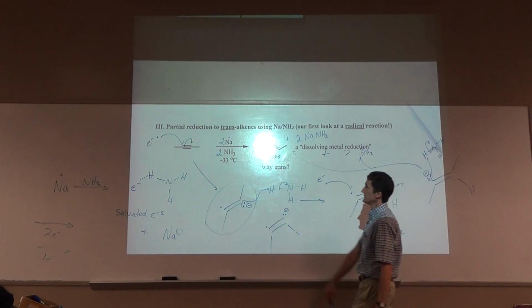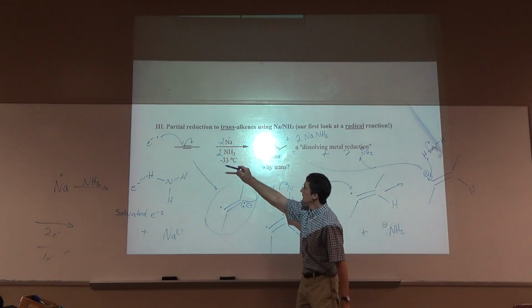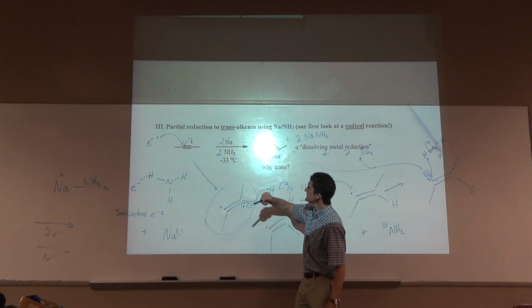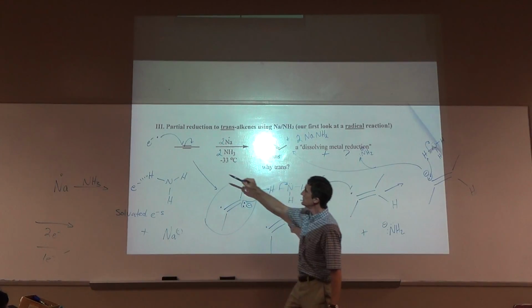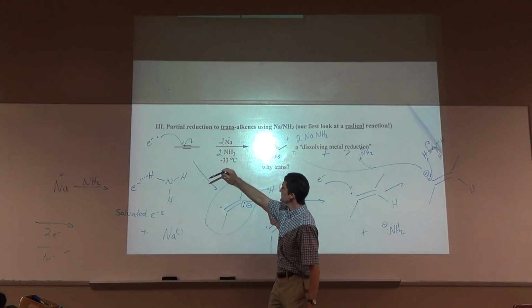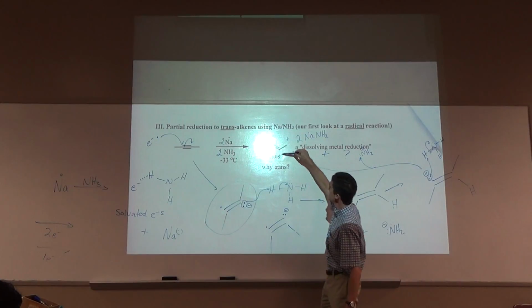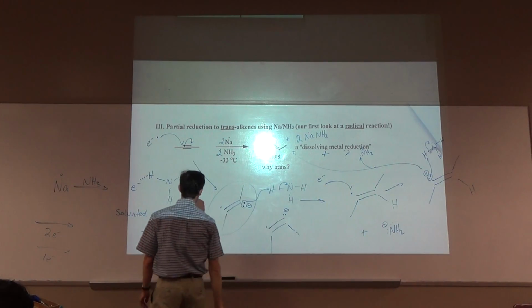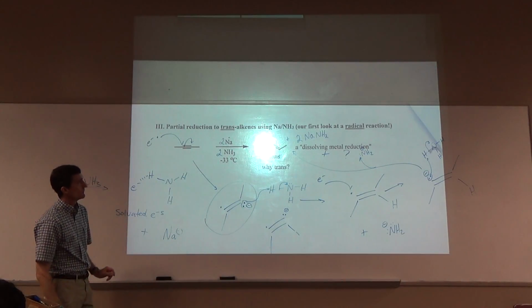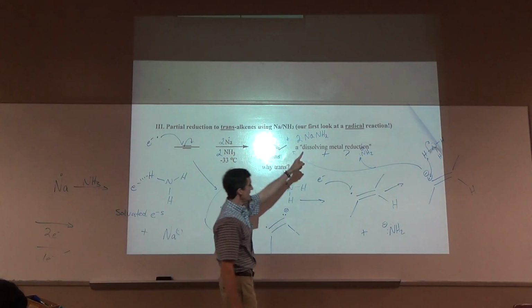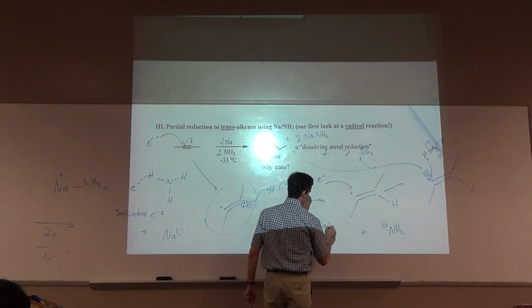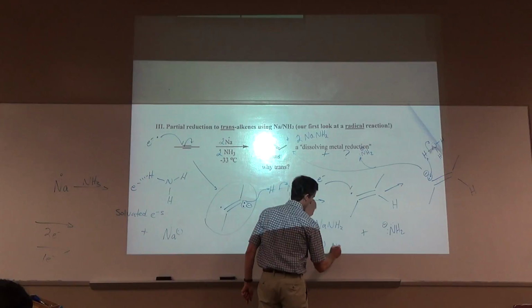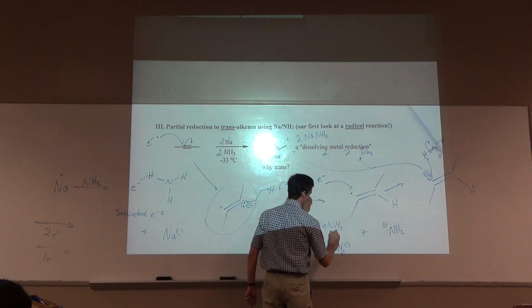Now it's completely balanced. 2 sodiums, 2 nitrogens, 2 nitrogens, 6 H's. Well, yeah, if you don't count the methyls, 6 H's. 1, 2, 3, 4, 5, 6. Of course, NaNH2 is really Na plus and NH2 minus, right?